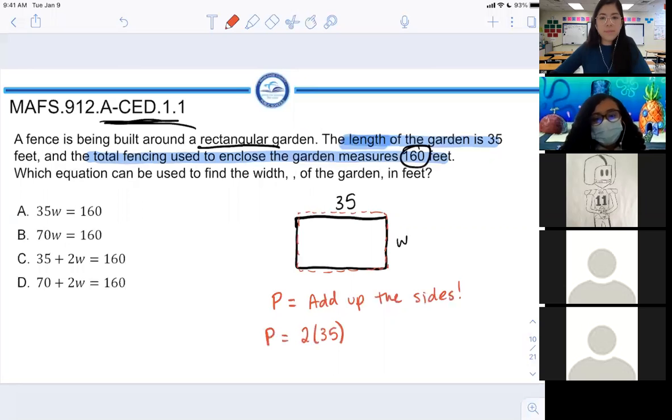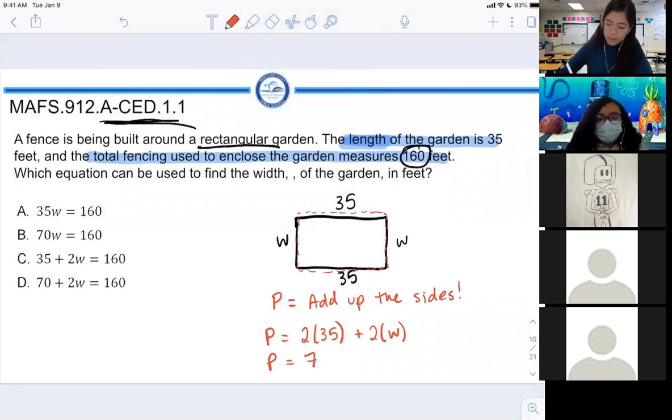And then we have 2W. 2 times W, exactly, because you got to go all the way around. So this is also W, and this is also 35. So in total, like Perla said, 2 times 35 is 70, and then 2W. And all of that is equal to 160.